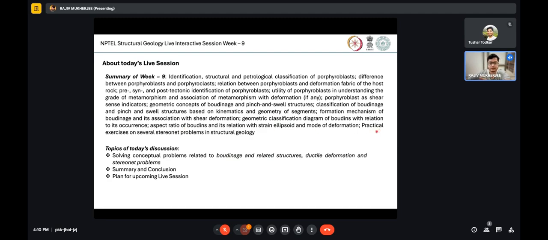There were also some practical exercises involved in the week's content, mostly to learn the basics of stereographic projection. In the previous weeks, we already learned about the theoretical background of stereographic projection and how structural data are plotted on the stereonet. But in week 9, some additional practical exercises were also involved.